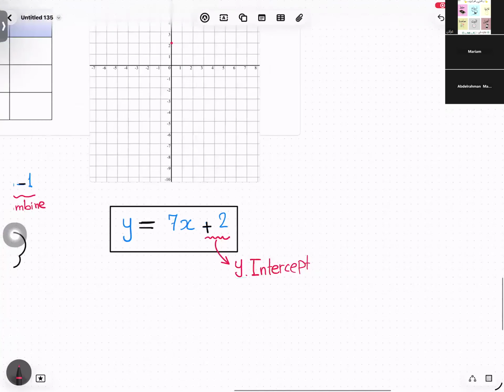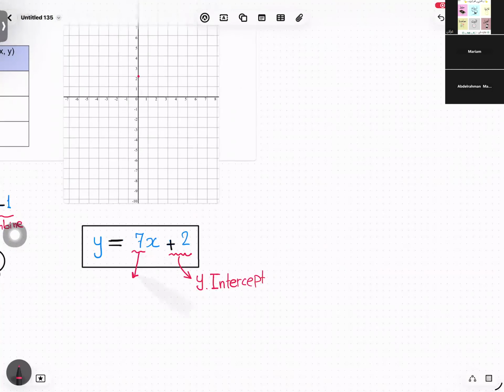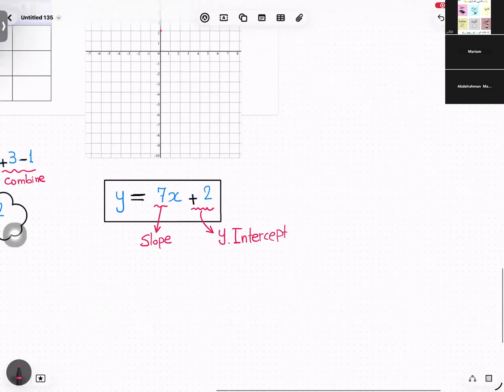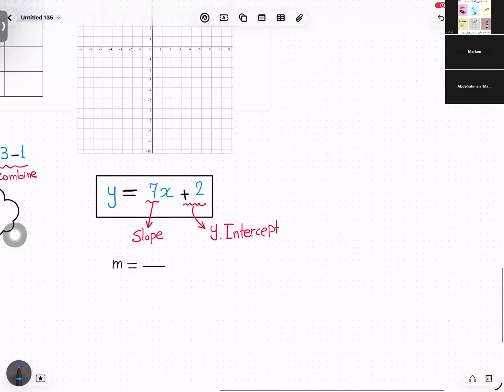And then how will we move? This is the slope. Where will be the next point? Remember how we wrote the slope: rise over run.